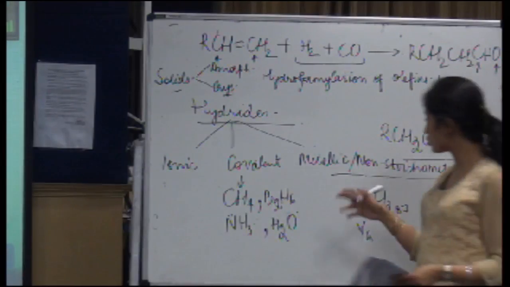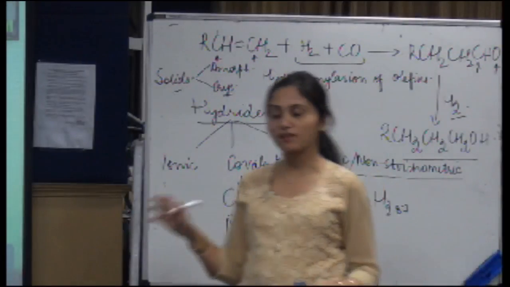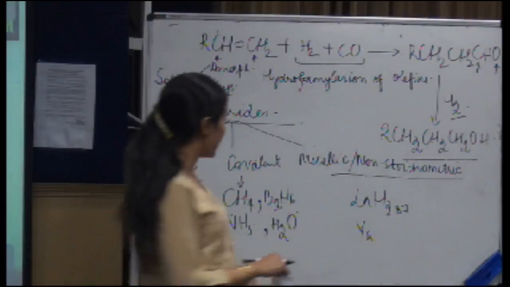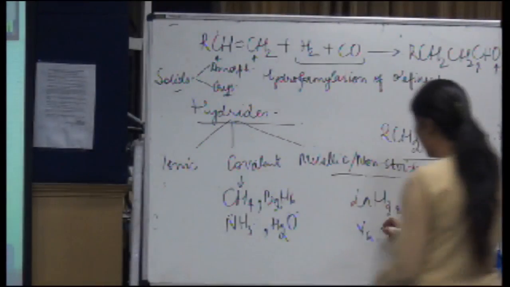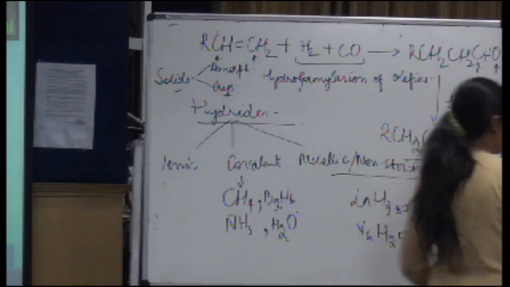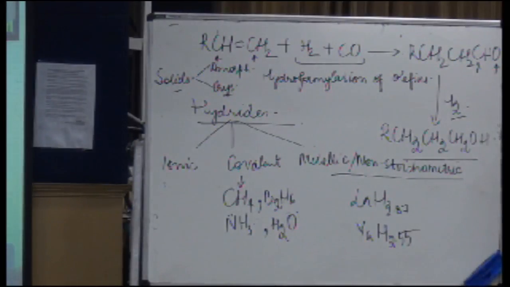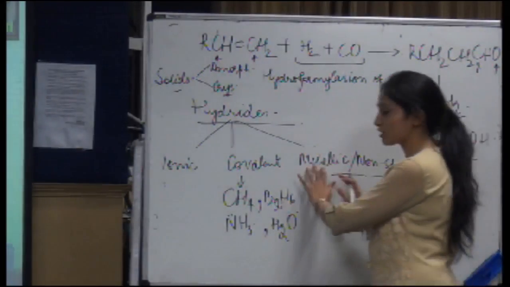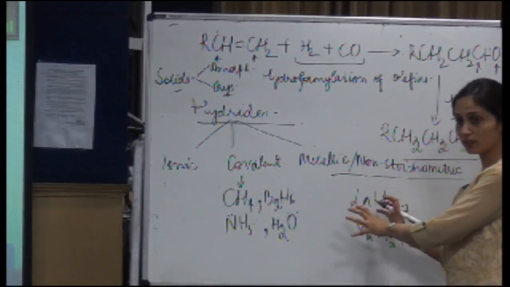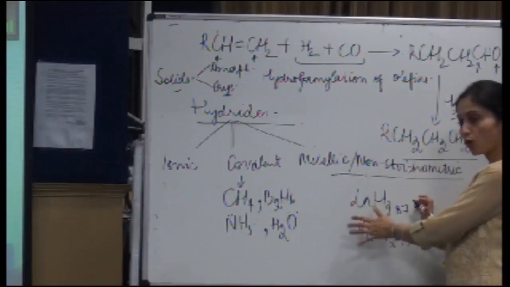Generally, the non-stoichiometric hydrides are also known as interstitial hydrides. I will just explain the meaning of it. I am picking up exactly from the source so that I don't give you the wrong ratio. Here you see that when non-stoichiometric or metallic hydrides interact with a metal, the stoichiometry is not integral.